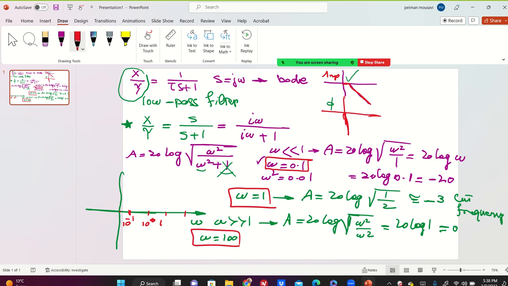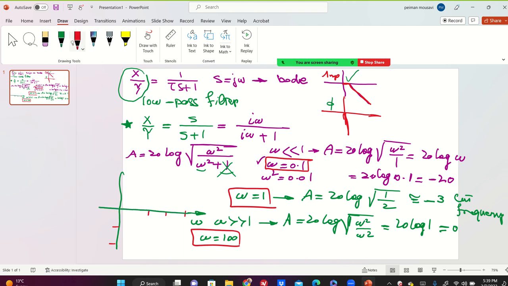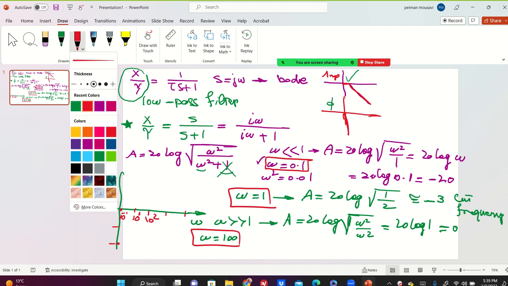At omega small number, it is minus 20, here.